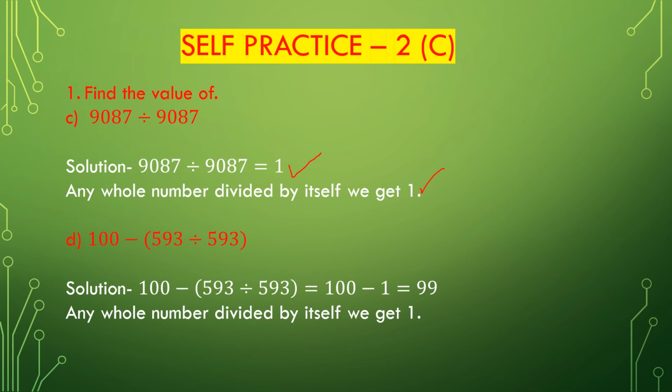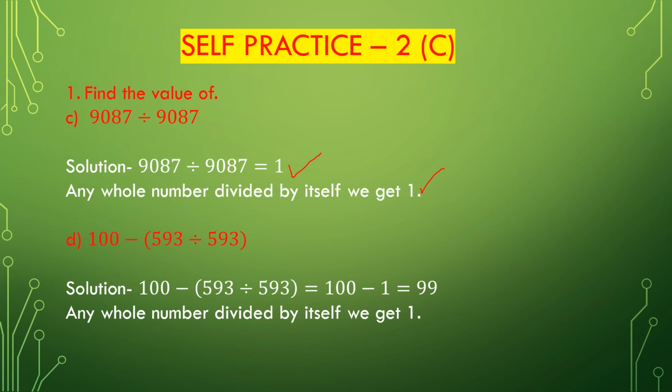Then fourth bit D. 100 minus 593 divided by 593. 593 divided by 593 is inside the bracket. First we perform this calculation from inside the bracket, that is 593 divided by 593.